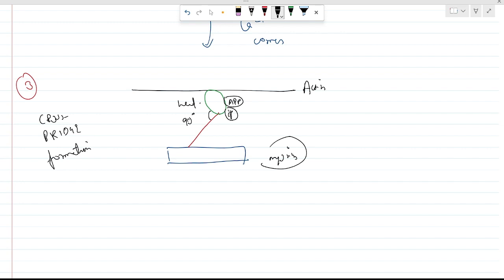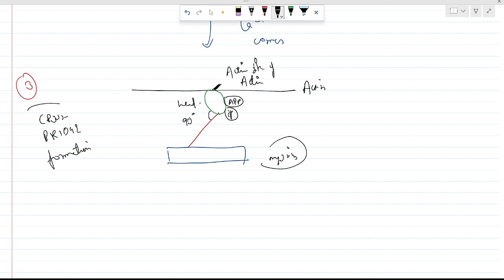Now this head of myosin attaches to here. What is this part called? We know the active site of actin, which we know from the previous discussion is covered by tropomyosin. The head of myosin attaches to the active site of actin.